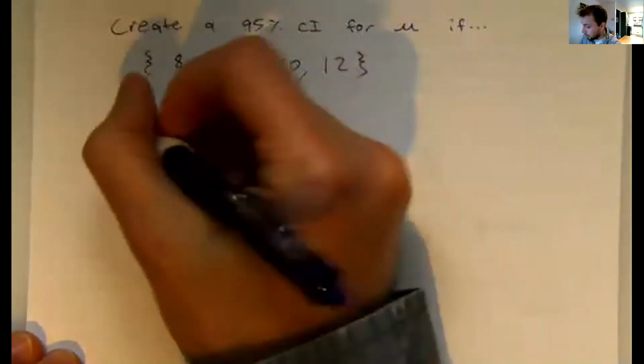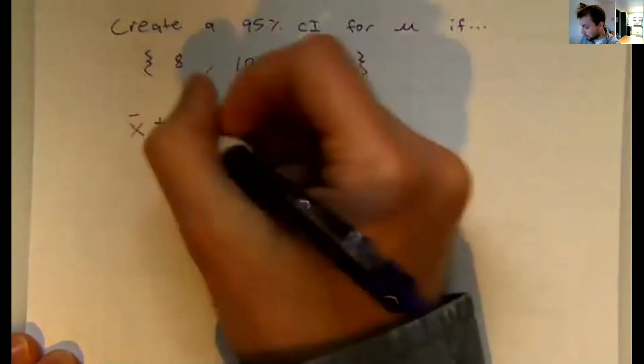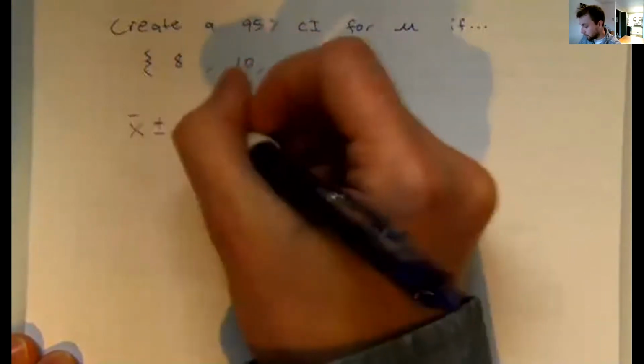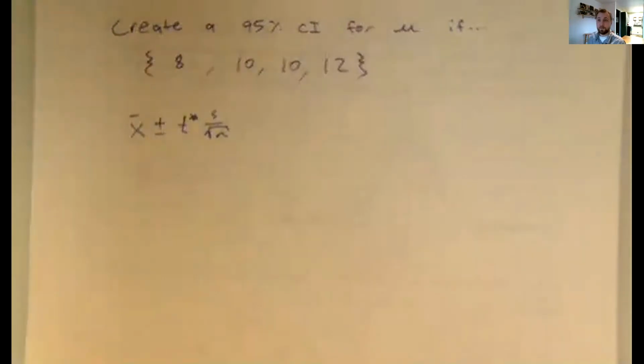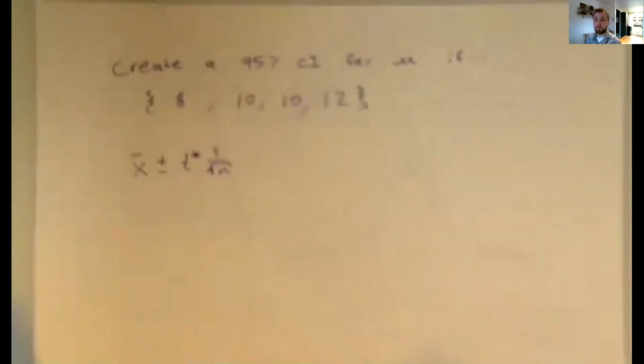So my formula that I need is X bar plus or minus T star S over the square root of N. I can find the average, I can find the standard deviation, I can find the number of samples, I can calculate my critical value, and then I'm good to go.